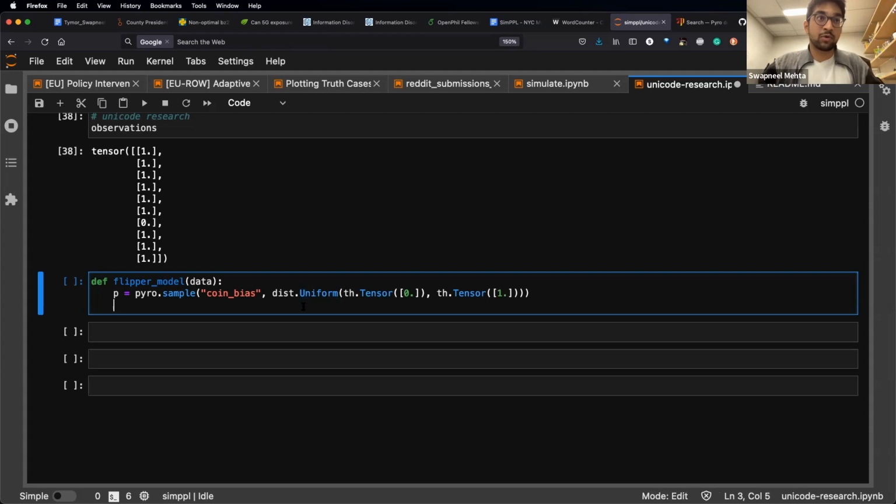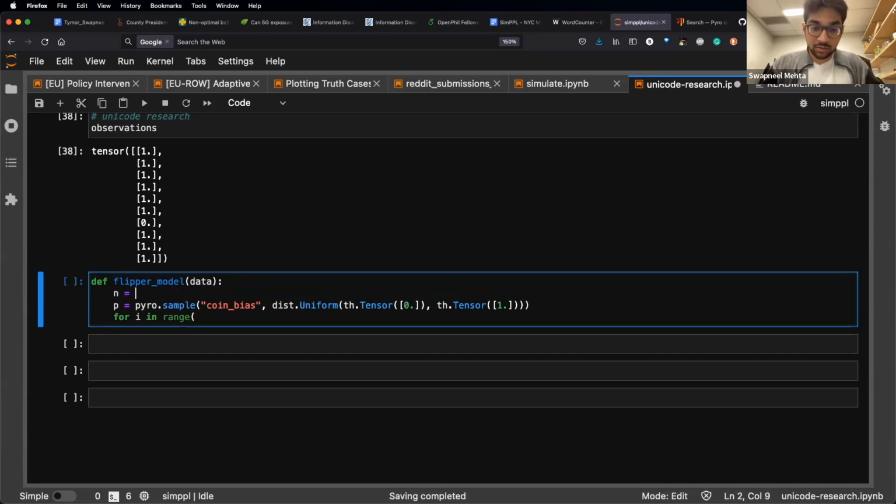And then what I'm doing is sampling a bunch of coin flips from it. So if I say for i in range n, what is n?